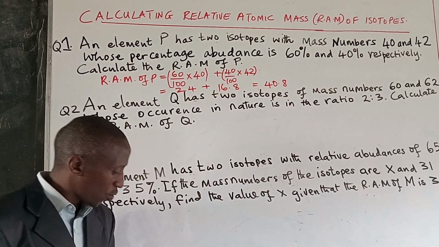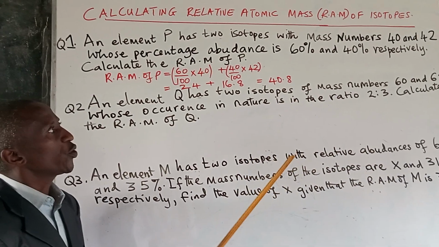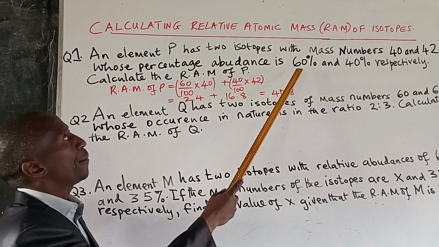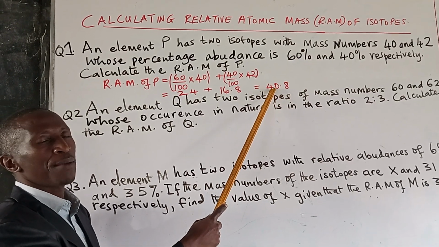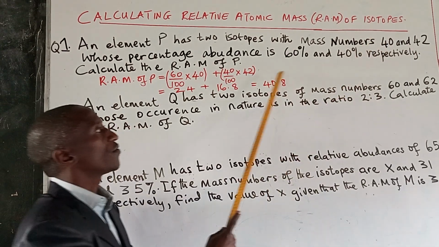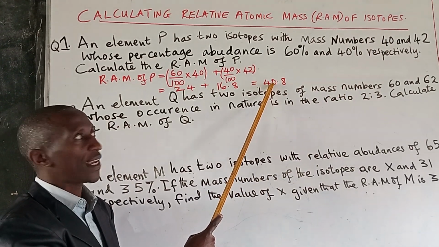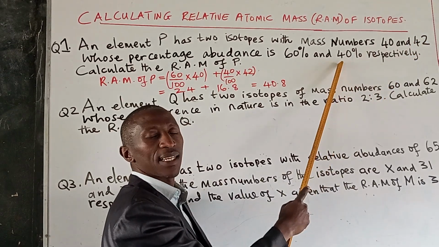It is important to note that usually the more abundant isotope has the RAM closer to it. In the sense we are saying 40 is very close to 40.8 compared to 42. 42 has a lower abundance.